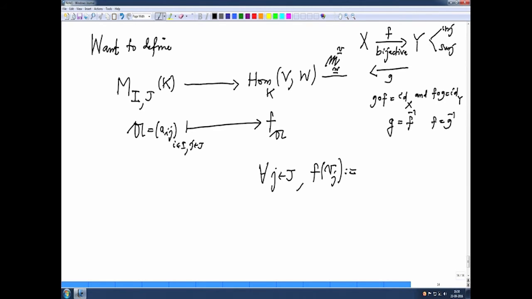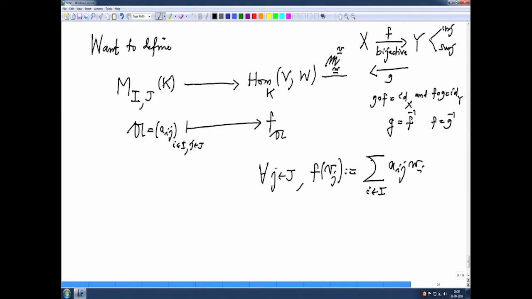It should be an element of W, and how do I define an element in W? By using the basis Wi. It is a combination of the Ws, but I will use these Aij's. So define f of Vj as the sum of Aij Wi. So this gives a unique linear map with this definition.